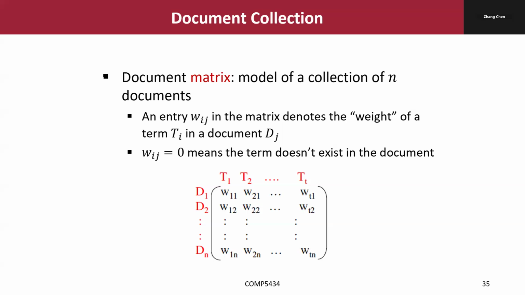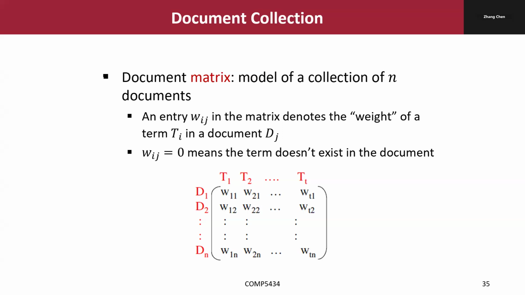So what does this value mean? This value means the weight of the word i in document j, usually reflecting how many times this word appears in a certain document, like what we discussed before. If Wij equals 0, that means the word does not appear in the document, obviously.